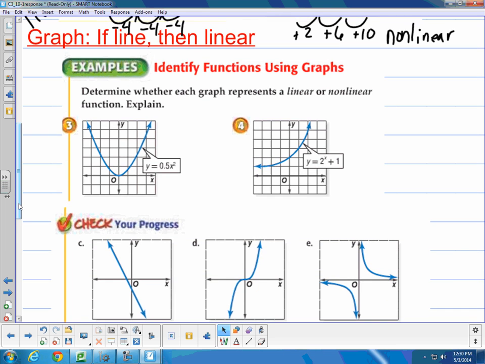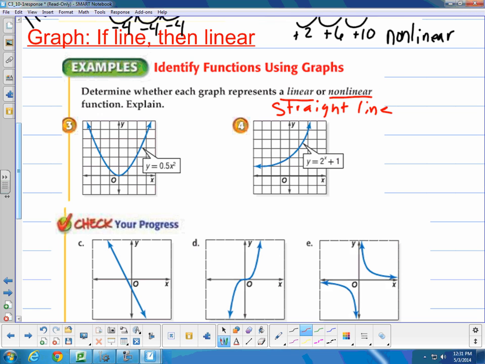If you're given a graph of a line, then you can tell if it's linear by what we know. We know a linear function, we already decided, is a straight line. So anytime you see a straight line, you're going to say that that is a linear function. If it is a non-straight line, it's nonlinear.